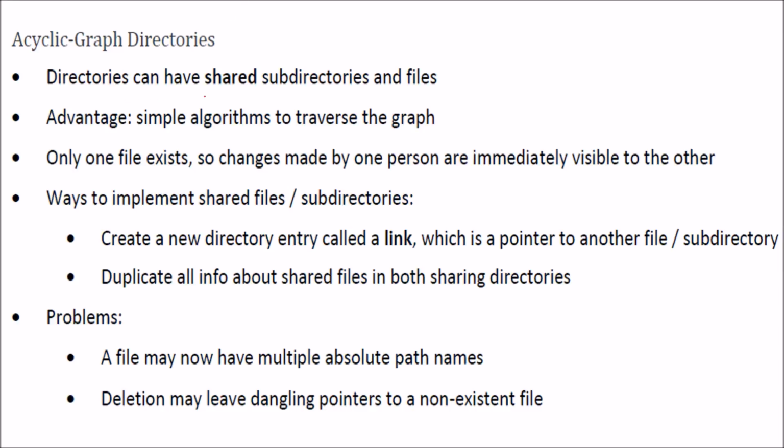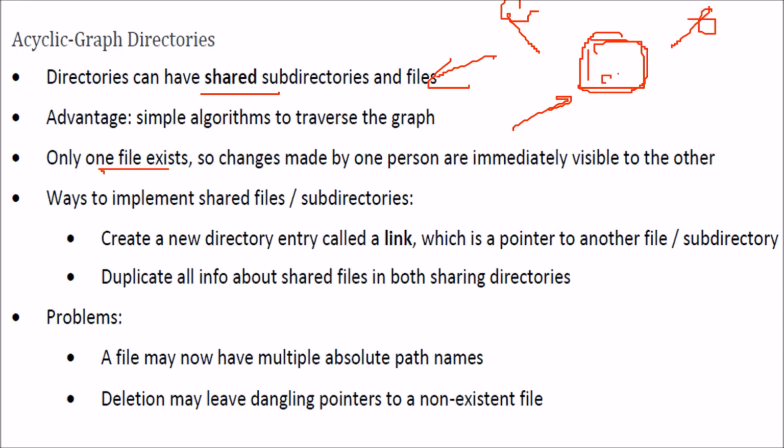First, these directories can have shared subdirectories and files, and because of this we can have very simple algorithms to traverse the graph. Only one file exists. When we have sharing, this one is using this, this one is also using this. So only one instance is there. If you change it, all others are able to see it and use it.